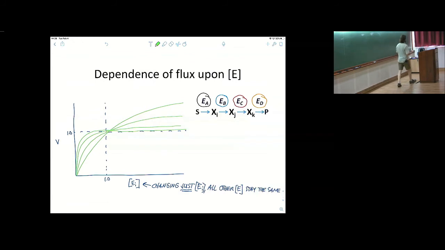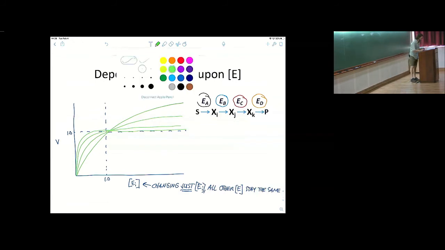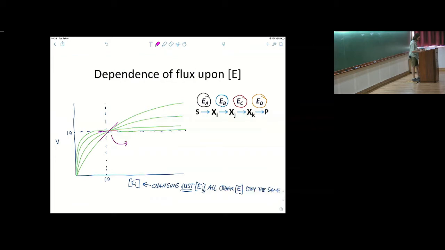And there's a way that we talk about that. So we can look at the slope right at their current value, and the relative change in flux per relative change in enzyme, we call this the control coefficient for that enzyme.